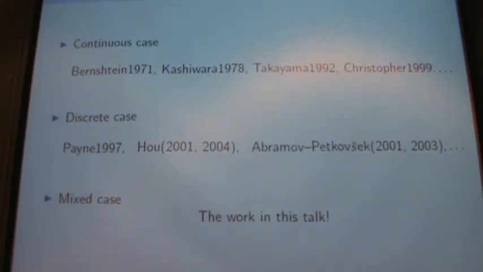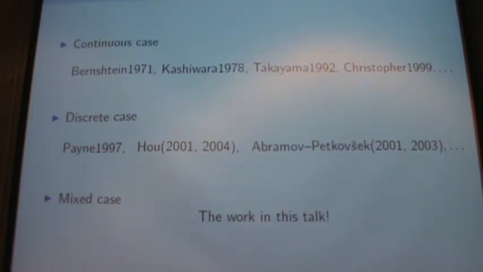There was no journal paper, and then several people rediscovered the way to prove this conjecture. One of the important ones is by Abramov and Peter Kovacs. Actually, the results are independent, so there are no conflicts. But the original conjecture is about the mixed case.